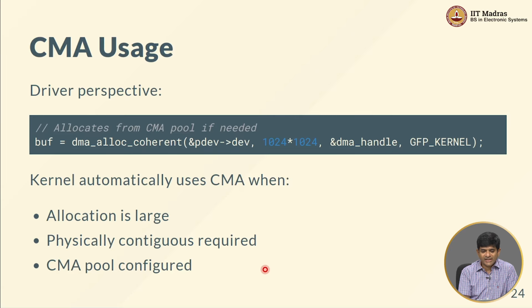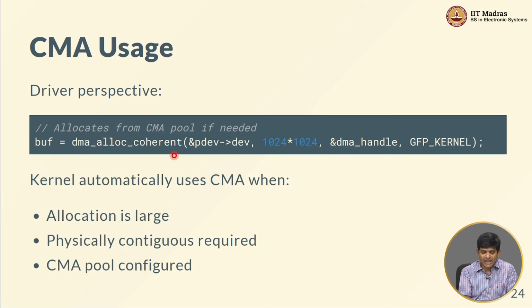So in practice, the way that CMA gets used, as we already briefly mentioned, is that we use a specific function call, not just kmalloc or malloc, but a dma_alloc function, which knows that we are looking for memory from the coherent pool, or rather the CMA pool.